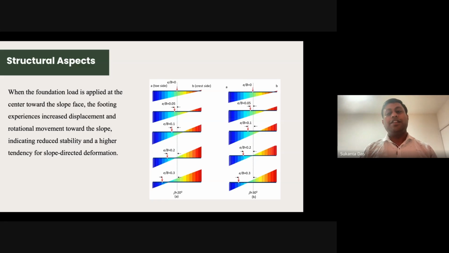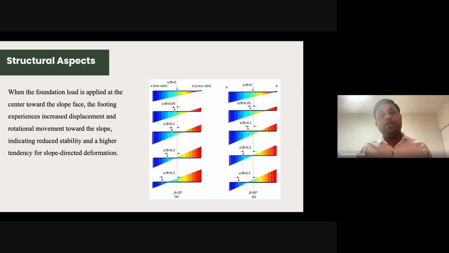But this effective width rule may not be applicable in the case of sloping ground, because we have seen that even at 20° or 10°, as presented here at 10°, the distribution of pressure, or in terms of displacement, the vertical displacement, is not uniform.